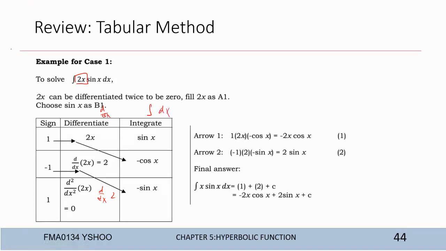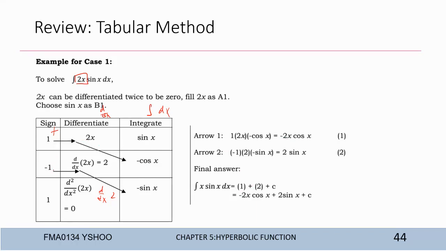Now after you have this table, how do you present your answer? The magic here is that they are not using the diagonal way. You start from the sign, this is positive, so you go positive multiplied by 2x multiplied by negative cos x. So the first arrow gives you negative 2x cos x.